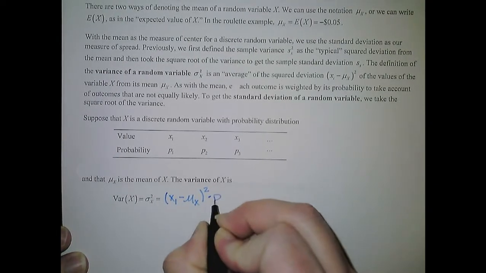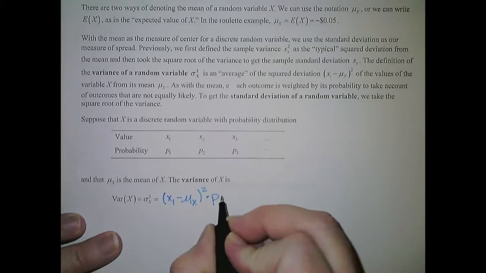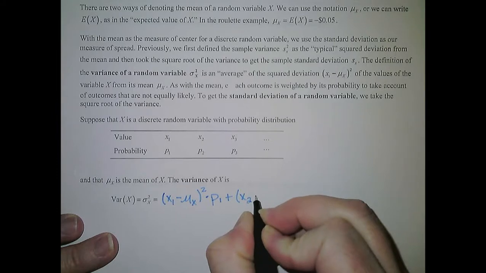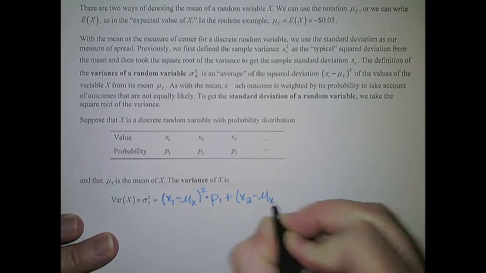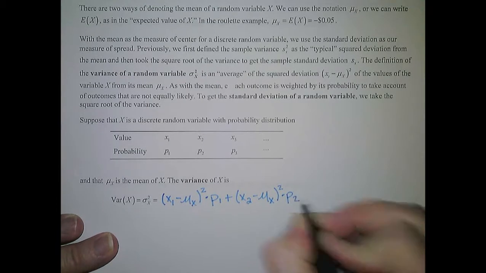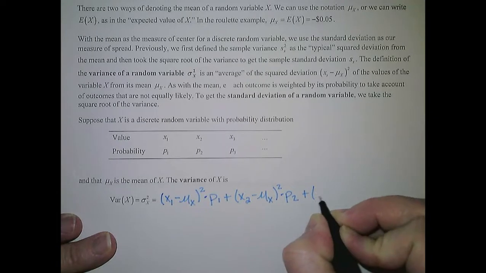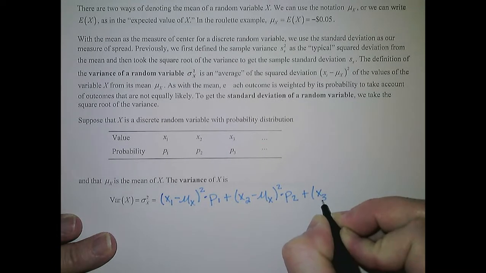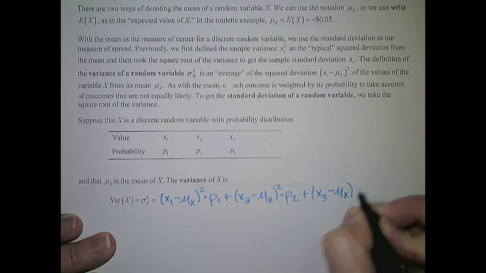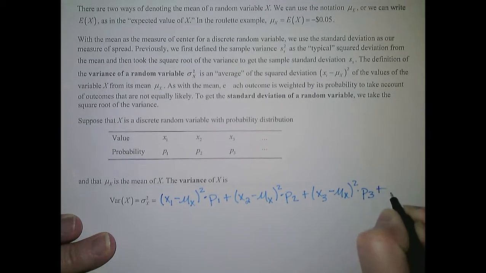We have to multiply that times the probability of that outcome, and we would do that for each outcome. So then we take our next outcome, subtract the mean of x, square it, and multiply it times the probability of that outcome. And then we do that with the next one. We take the third observation or possibility, subtract the mean of x, square it, and multiply it times its probability, and so on.